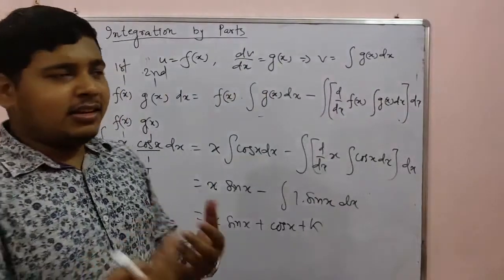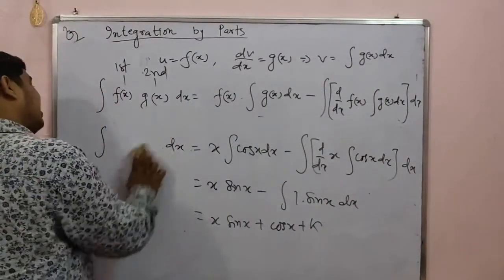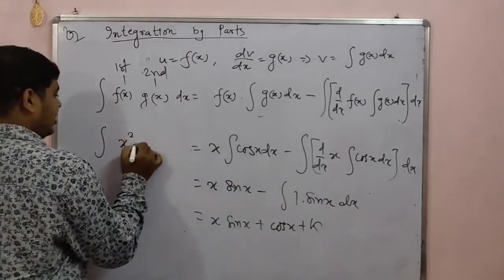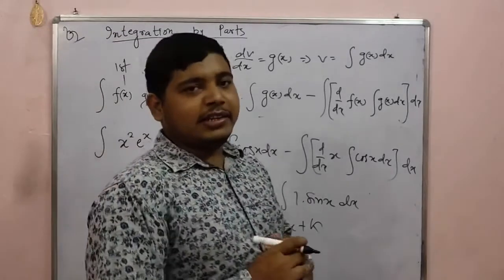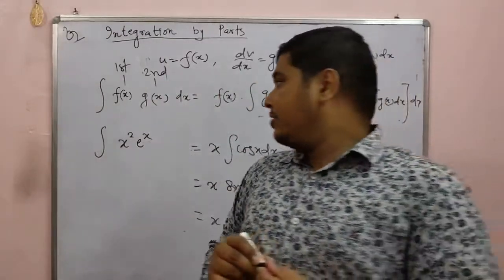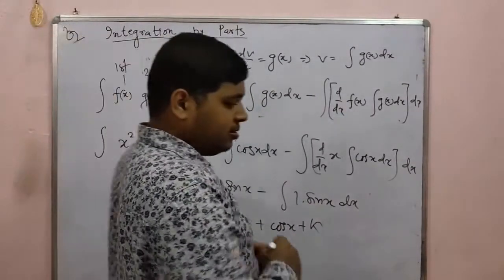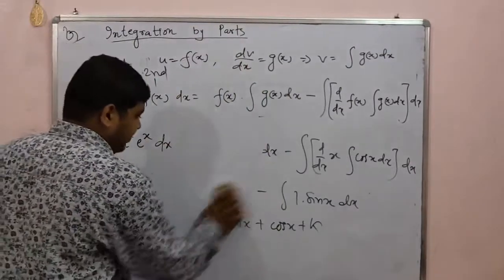Okay. Next, another example: x square e to the power x. We have to find the integration of x square e to the power x dx. So here we take the same rule, ILATE.